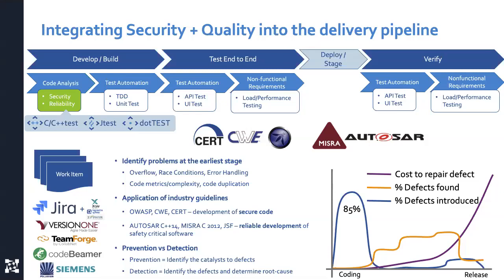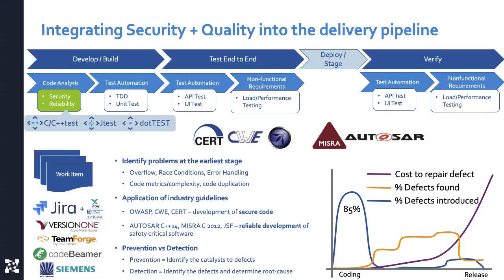These are secure coding guidelines. OWASP and CWE are the two most relevant, the two most prevalent ones. These are focused on weaknesses, so vulnerabilities and weaknesses that you need to prevent in your application.